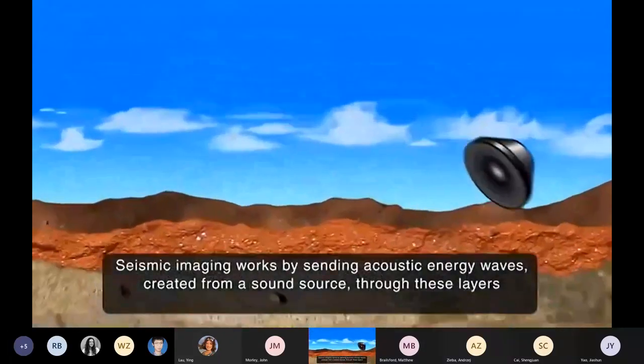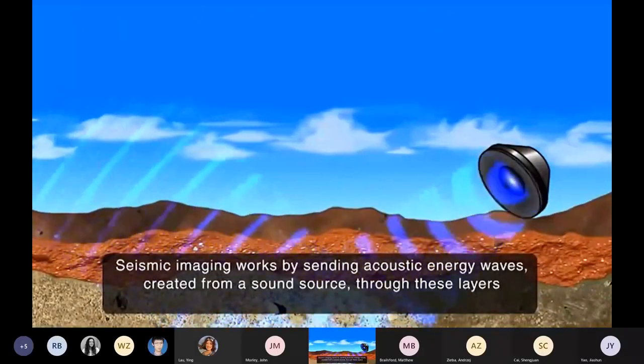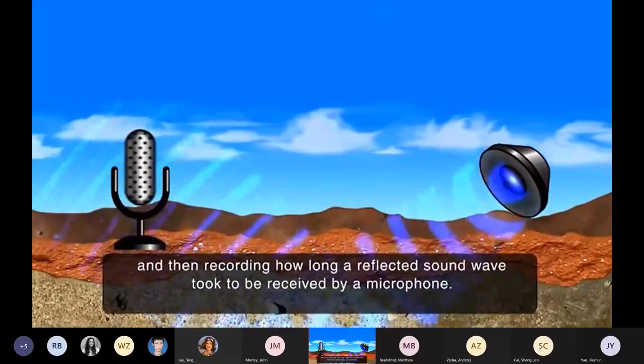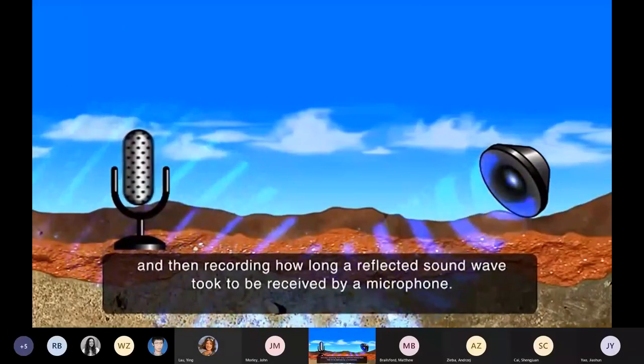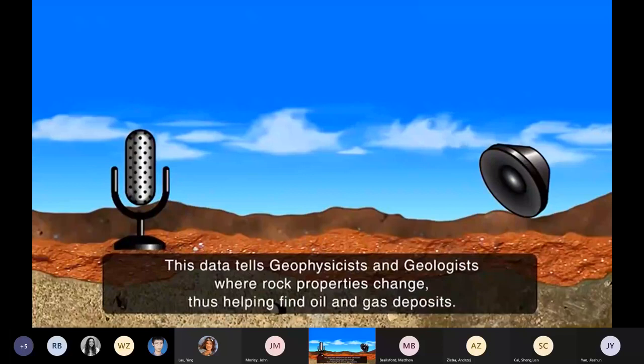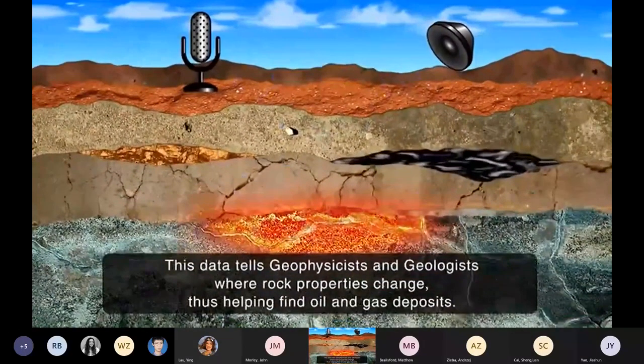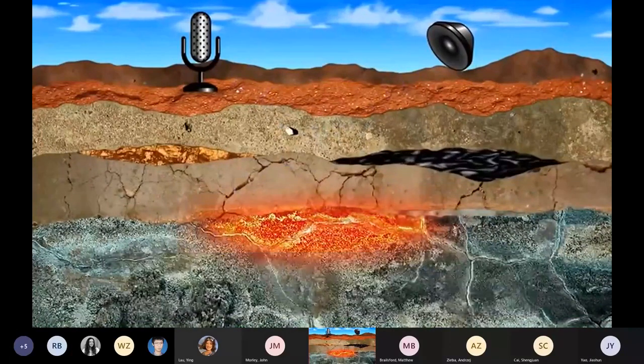Seismic imaging works by sending acoustic energy waves created from a sound source through these layers and then recording how long a reflected sound wave took to be received by a microphone. This data tells geophysicists and geologists where rock properties change, thus helping find oil and gas deposits.